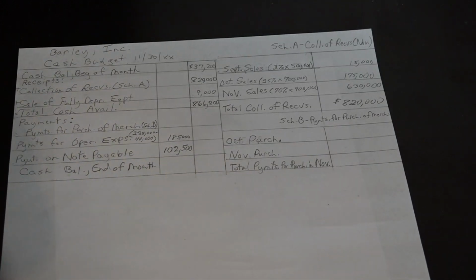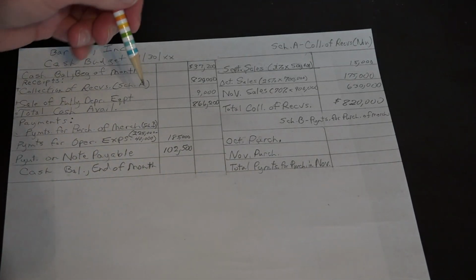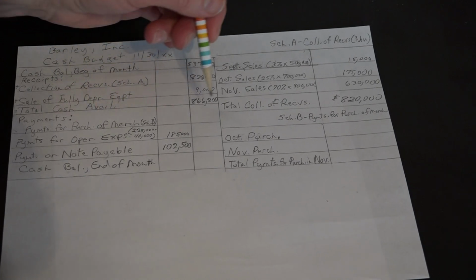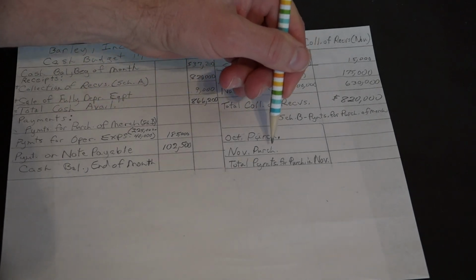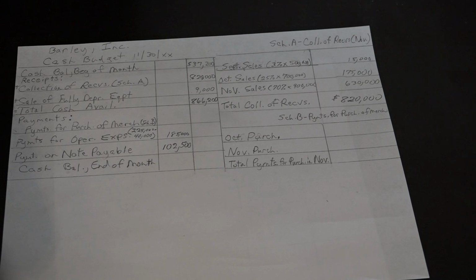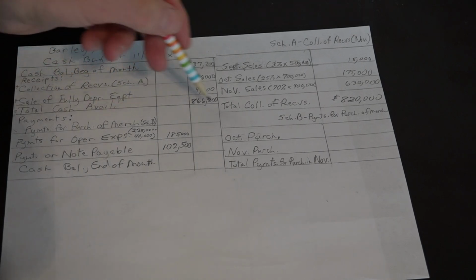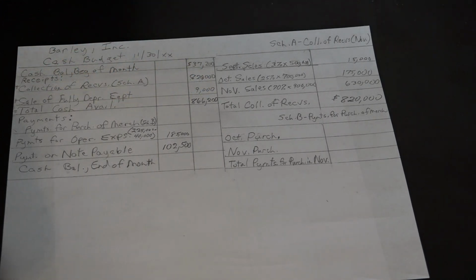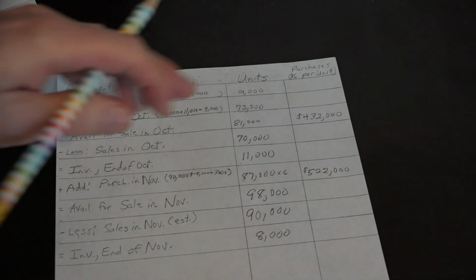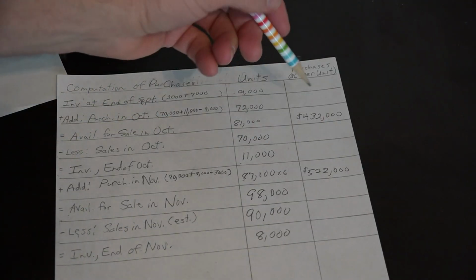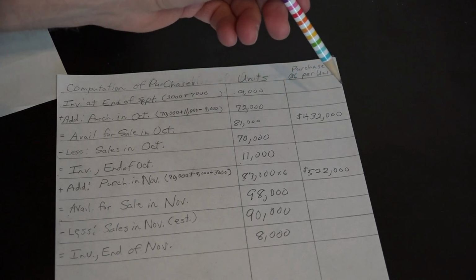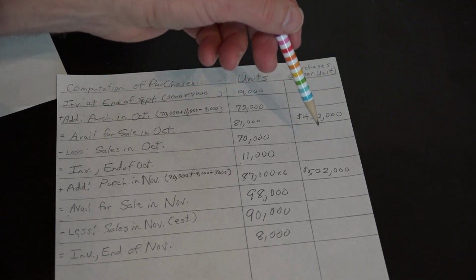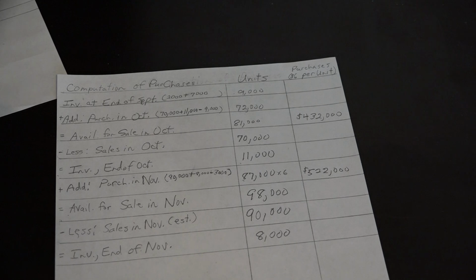We don't know October's purchases and November purchases in Schedule B, which will be transferred over to here in our cash budget, until we actually do this. And so our purchases in October are 432,000, and in November 522,000.